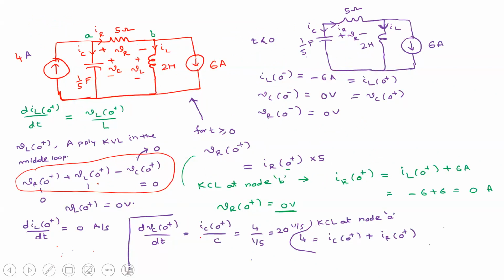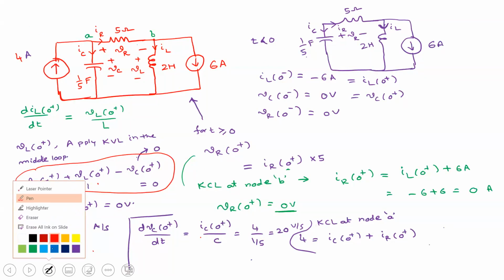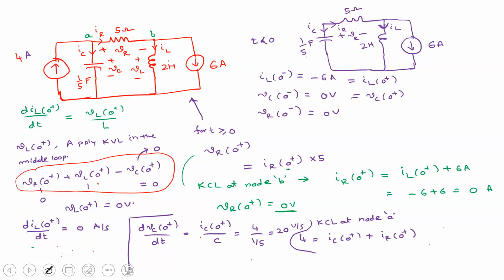The inductor is short circuited and the capacitor is open circuit. So 6 ampere current is flowing in this direction and this 4 ampere current is flowing in this direction, right? Agree?